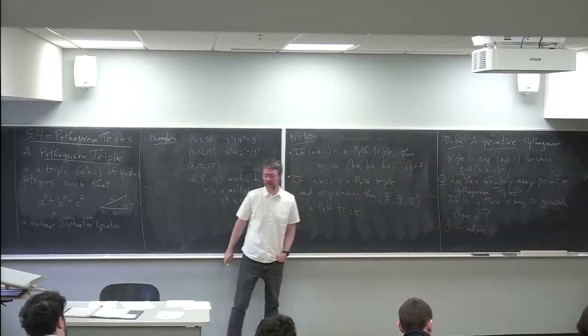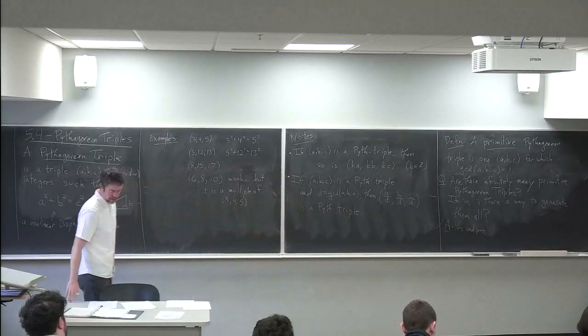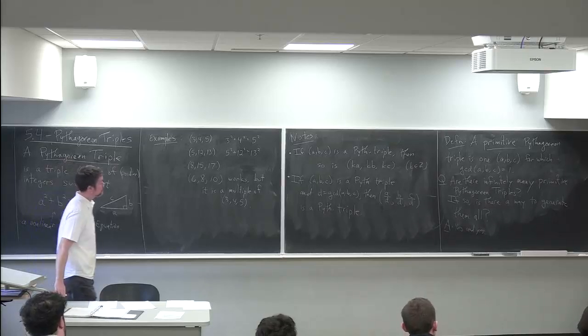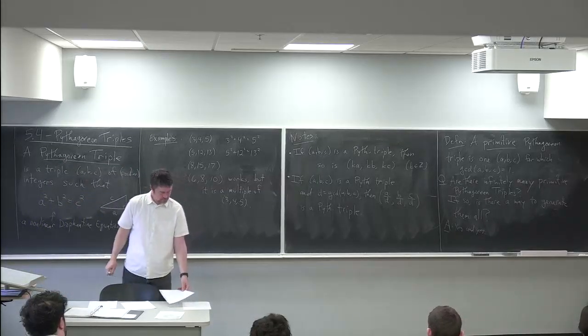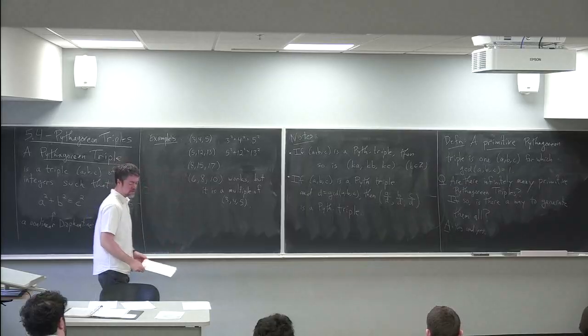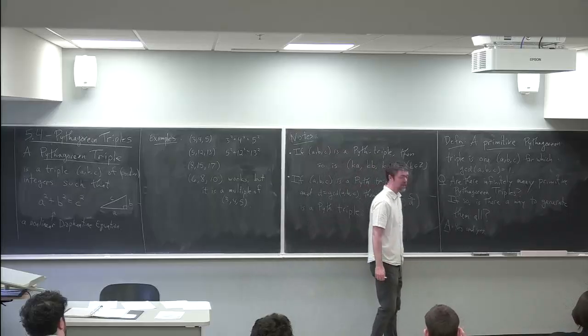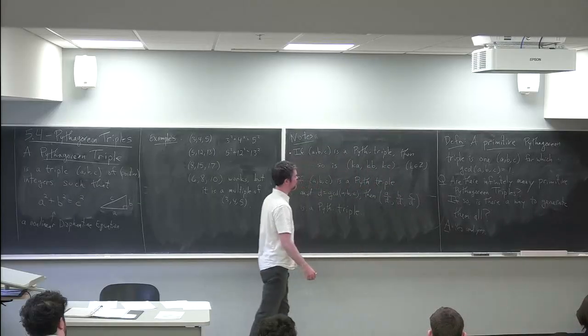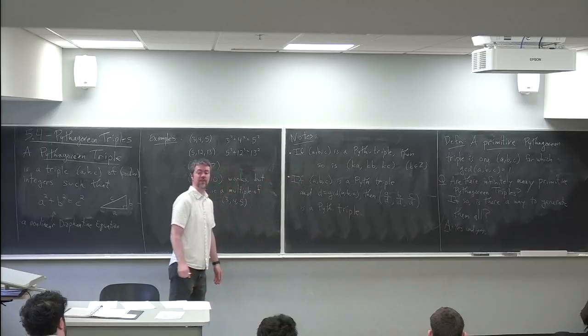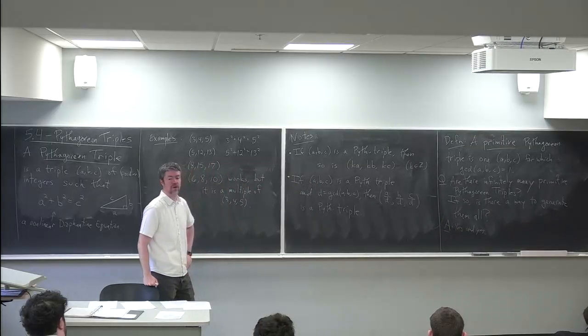So we'll try to understand the story behind all primitive Pythagorean triples. And so you can answer the first question without answering the second question. So there are certain families of these that are kind of easy to describe that don't cover all the possibilities.